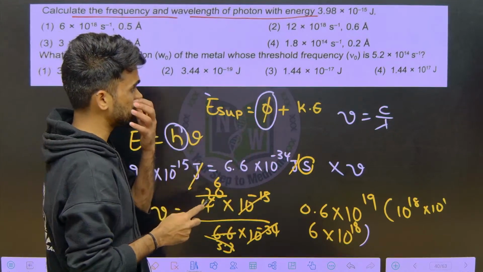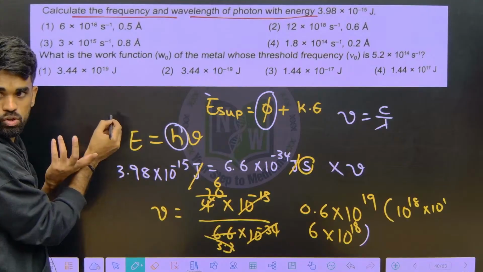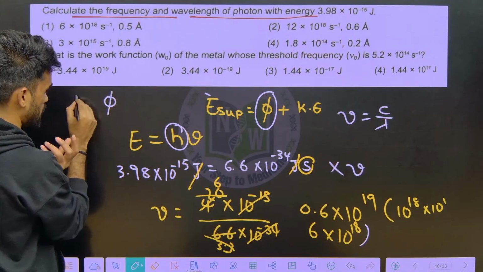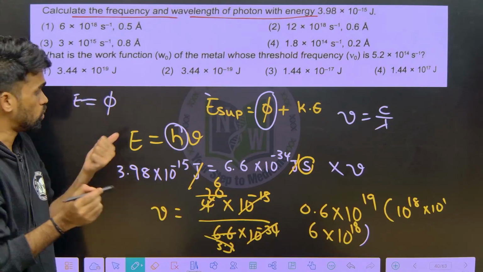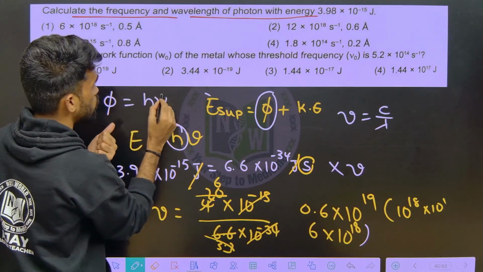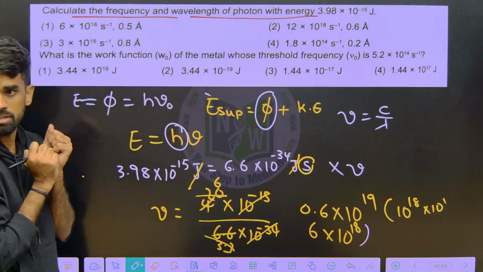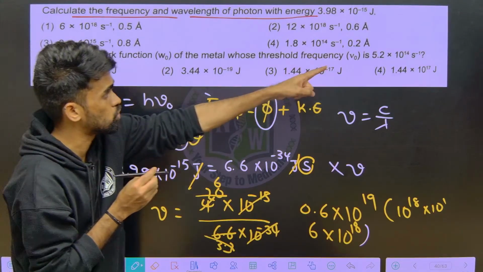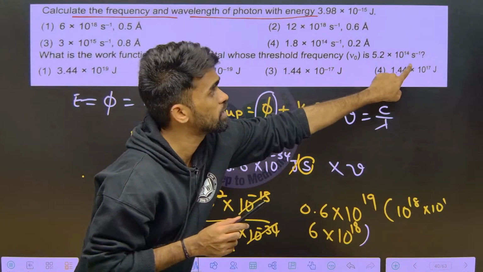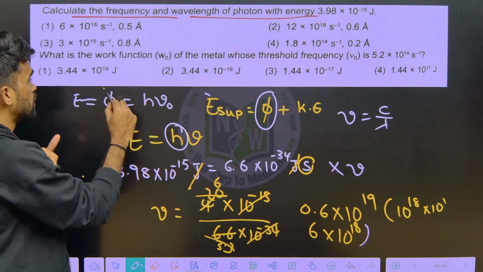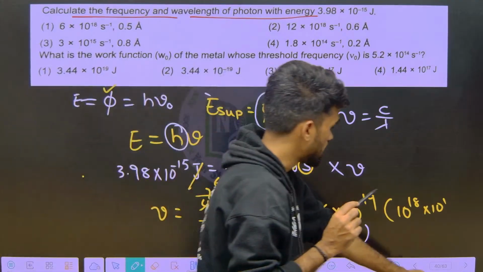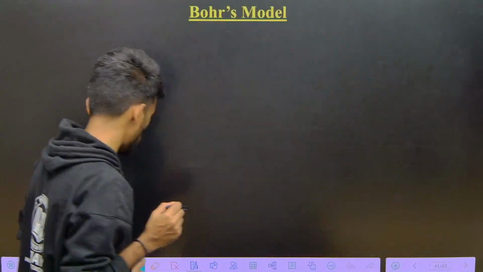Work function is also energy only, the energy required to eject the electron. So this is also equals h nu, but here I am saying nu naught, the minimum frequency required, the threshold frequency. Given the threshold frequency, substitute over here, multiply with Planck's constant, you will get the work function. Hope it is clear. Let's move forward with our Bohr's model.